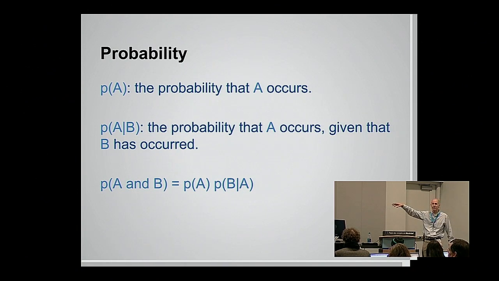That's just notation. The thing at the bottom is the law of conjunction that says that the probability that both A and B are true is the probability that A is true, P(A), times the conditional probability of B given that A is true, P(B|A). I'm not going to prove that. I'm going to assert that that is a law of probability. I'm going to use that to derive Bayes' theorem.